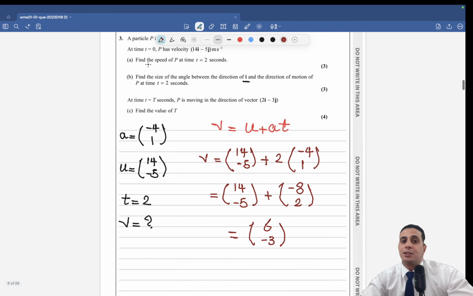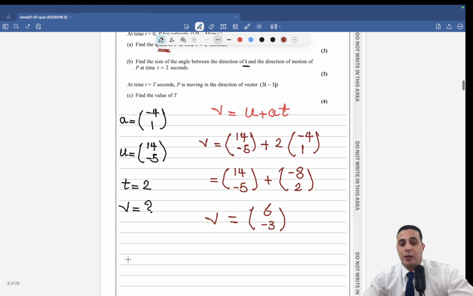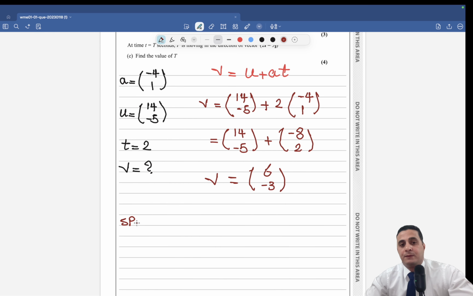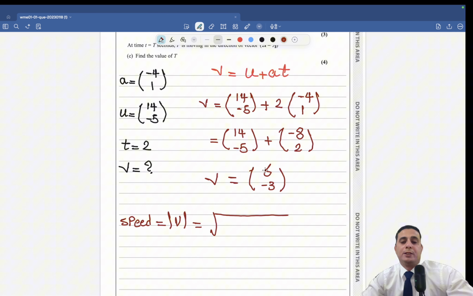The question is asking for the speed. The speed is the magnitude of the velocity. So it will be the square root of the i component squared plus the j component squared. So it will be 6 squared and negative 3 squared.